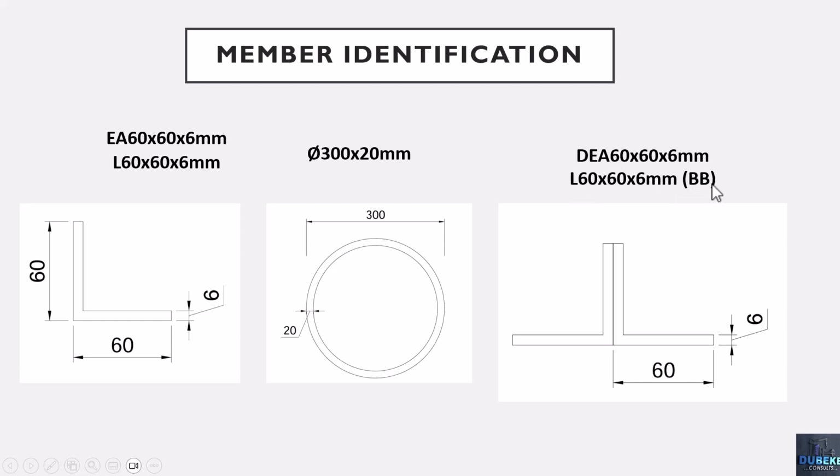When we speak about BB, we are referring to back to back. So they are called back to back members, and this is another way of identifying them. The D in front of the EA is the double equal angle, and these are not just formulated.